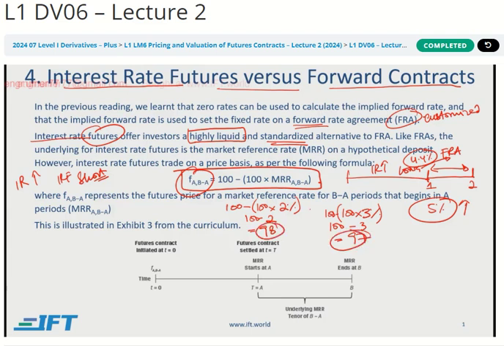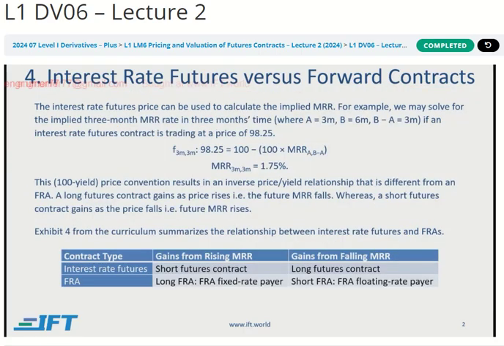Now, when the interest rate went up from 2 to 3, your future value actually went down. So if you think the interest rate is going to go up, you should go short the interest rate future, not long. Whereas for FRA, we were going long. So this is a very, very big difference between the two. And let me demonstrate that again. Let's say the rate is 1.75.